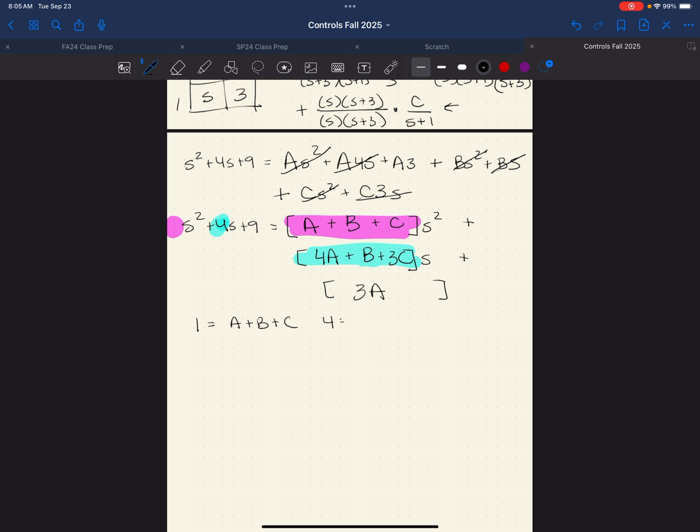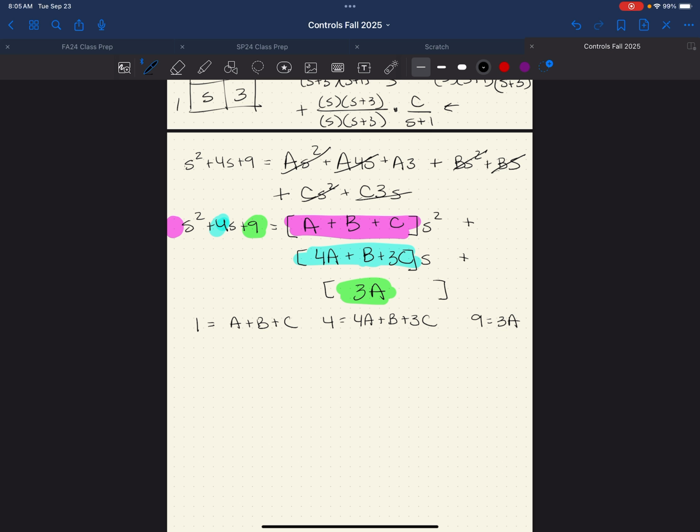So 4 equals 4a plus b plus 3c. And then lastly, I need this constant to equal this. Okay, so we have 9 equals 3a. So now I have 3 different equations and I have 3 different unknowns, a, b, and c. So now I can solve this system of equations for each of these coefficients a, b, and c.